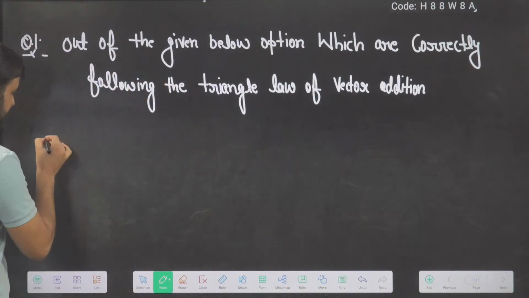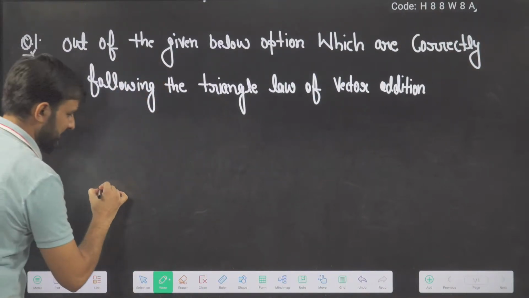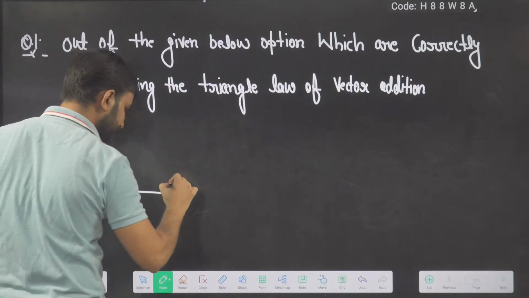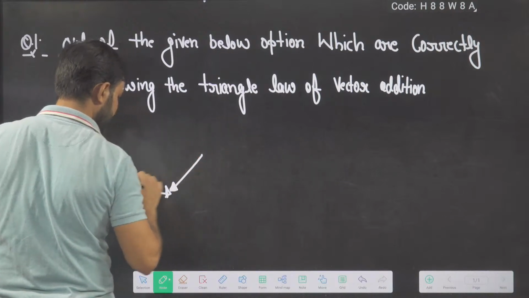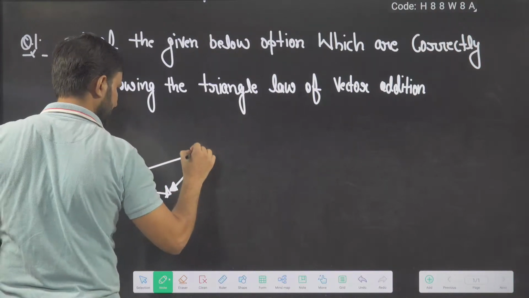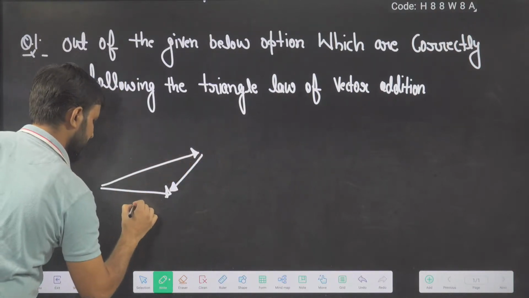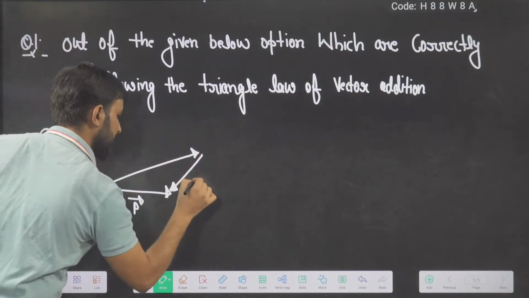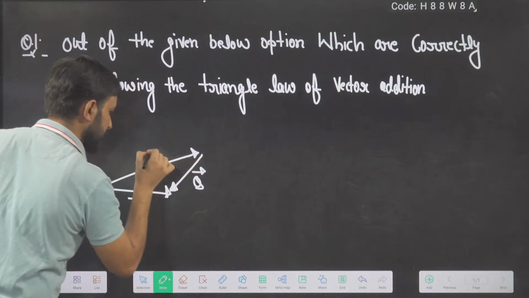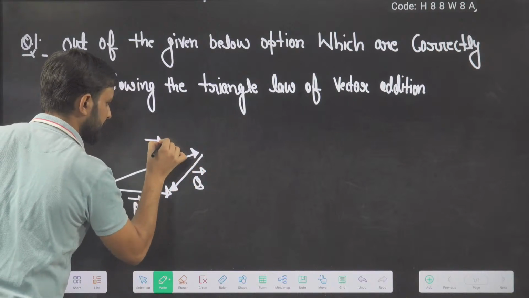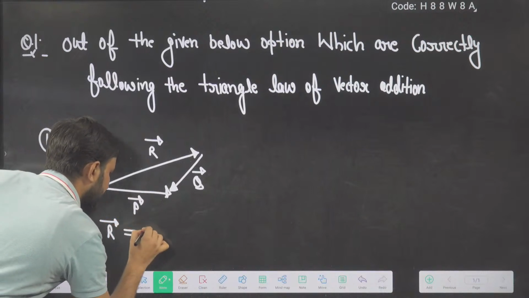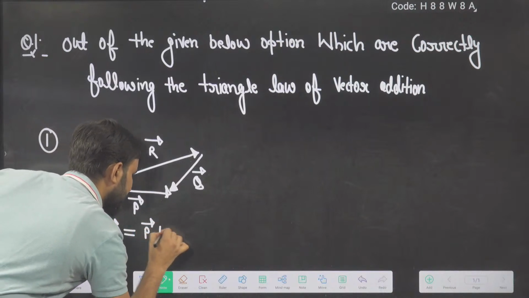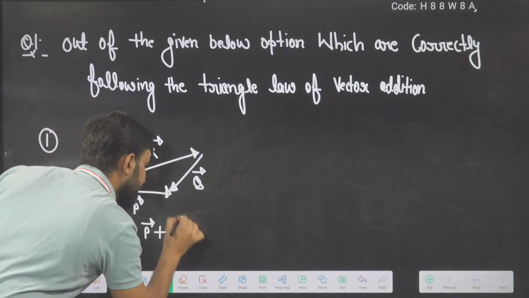So the very first portion I'm having is very simple. I'm going to ask this. This is P vector, this is Q vector, and this is R vector. And here the equation I'm writing: R vector is equal to P vector plus Q vector.